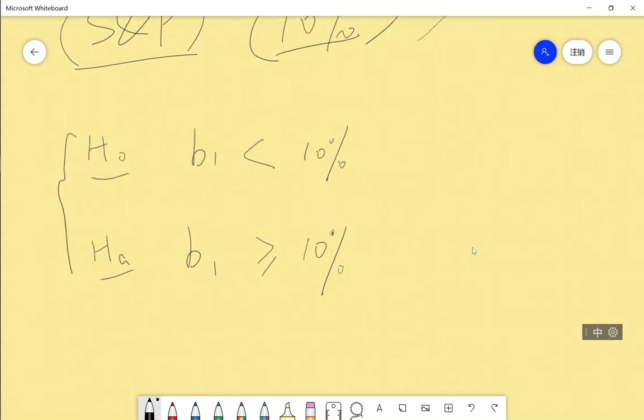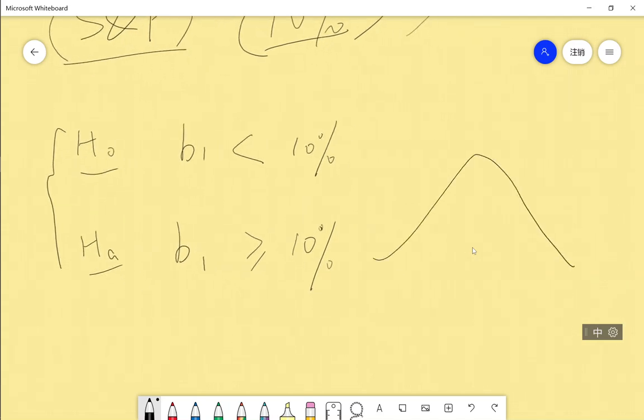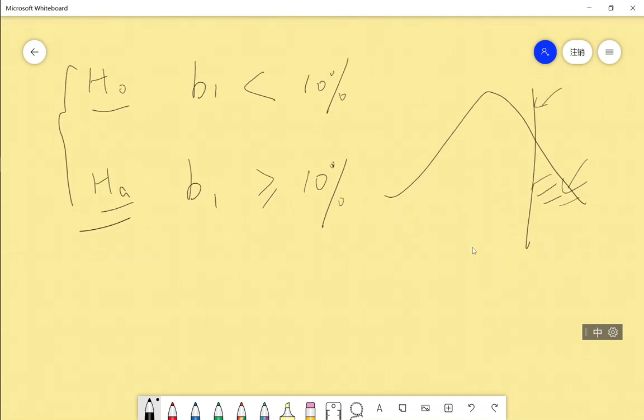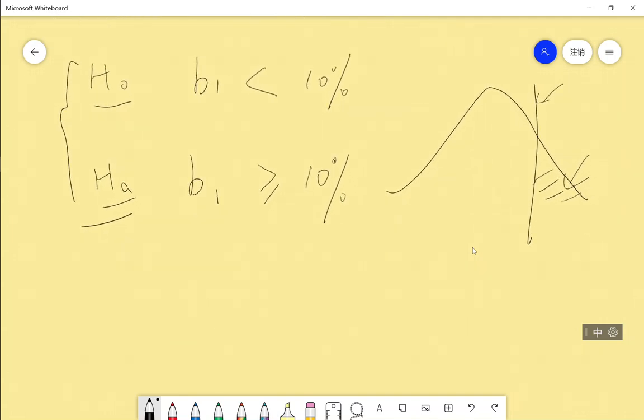And of course, since it's a one-tail test, the tail that we want to analyze is just the same as the alternative hypothesis. So the alternative hypothesis is bigger than 10%, so it's the right-tail test. So it's here. This is a rejection area, and this is a critical line here, and this is a non-rejection area.